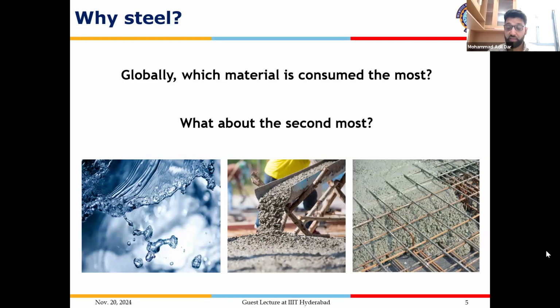So it's again steel that takes care of the inherent weakness of concrete, that is its weakness in tension, which makes it the second most consumed material in the world. So again, I'm just emphasizing the role of steel indirectly in making concrete the second most consumed material in the world.